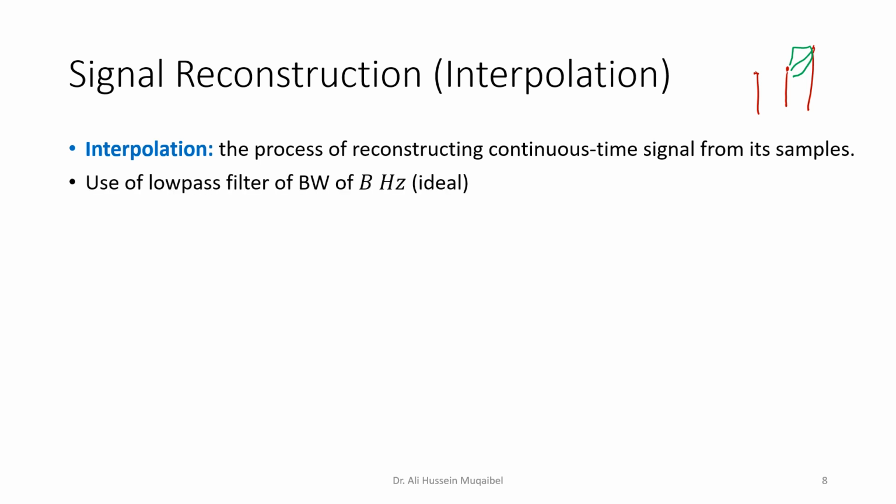We know that ideally we need a low-pass filter with bandwidth of B. And we can write mathematically in the frequency domain this low-pass filter as a rect function, or capital pi function. The width of this filter should be 2B because we are considering the negative and the positive. And the scaling amplitude should be Ts if we want to get the same signal or the same magnitude as before.